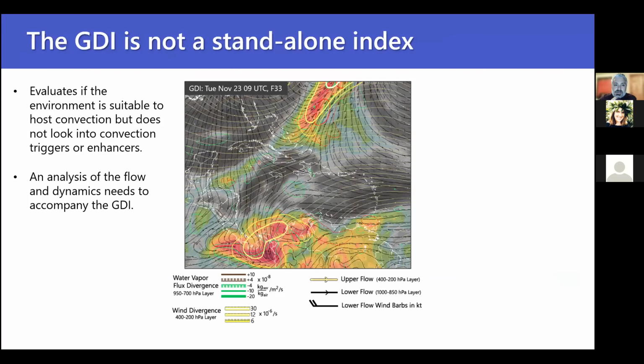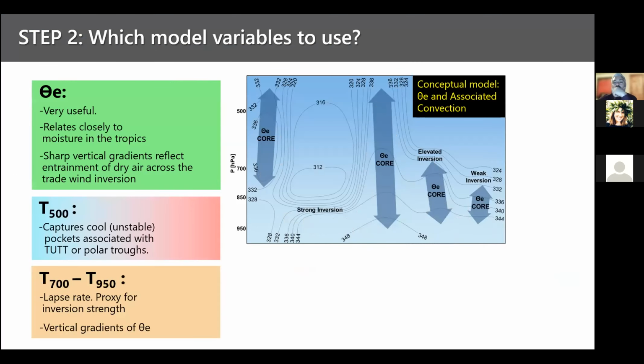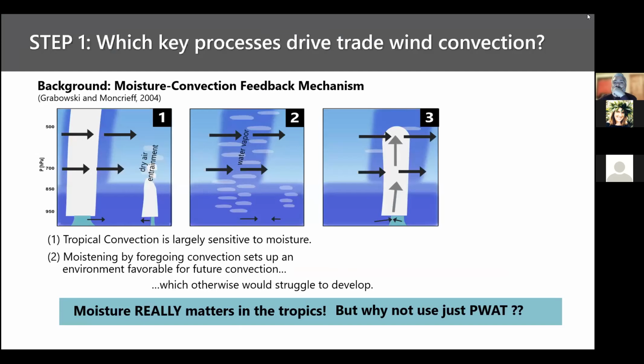That's what makes it even harder to forecast, where the traditional indices tend to help identify the environment leading to how the convection is going to be triggered, or how strong the convection is going to be once it starts developing. But in the tropics, it is the opposite. The latent heat release causes the atmosphere to become more unstable the more we get along with the convective development. And that was one of the biggest challenges that we had to overcome when developing the forecast index.